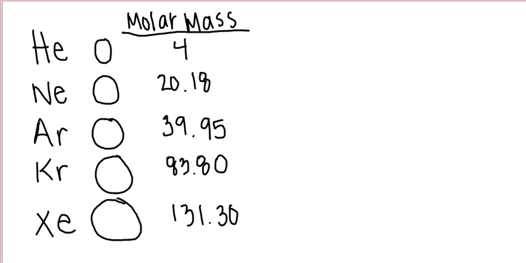As you move down this column on the periodic table, the atoms become bigger as the molecular size increases. Xenon has more electrons than helium, and this makes it more polarizable because there are more electrons to move around the atom.